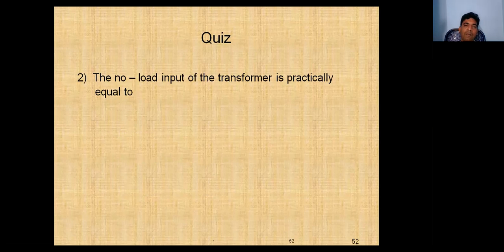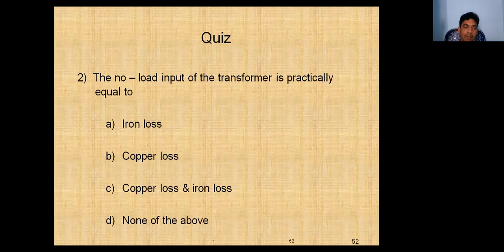The no-load input of the transformer is practically equal to: option A, iron losses; option B, copper losses; option C, copper and iron losses; option D, none of the above. The no-load input of the transformer is practically equal to the iron losses, because copper losses are negligible.